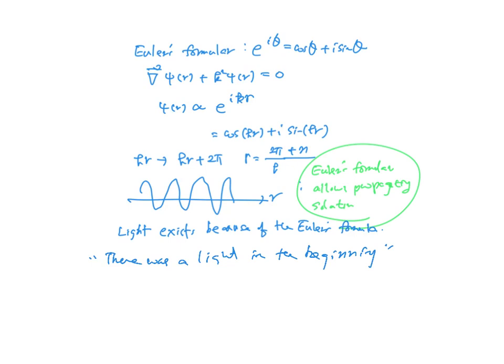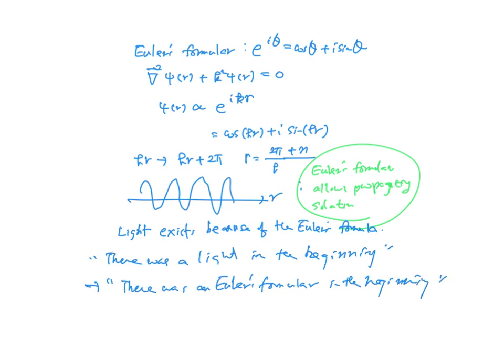Moses was not a mathematician. If Moses knew complex variables, he probably would have written there was Euler's formula in the beginning. So the correct form, since light exists because of Euler's formula, should be written as: there was Euler's formula in the beginning.